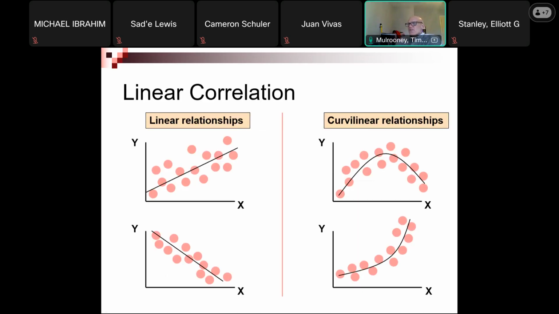Now, we can have linear correlations. Okay, we have linear relationships here. So you can see a positive linear relationship, a negative linear relationship, so that y is the dependent variable, x is our independent variable. We can have curved relationships, and so we can start to bust out parabolas, something like y equals 2x squared plus 3, where we have these parabolic equations right here.